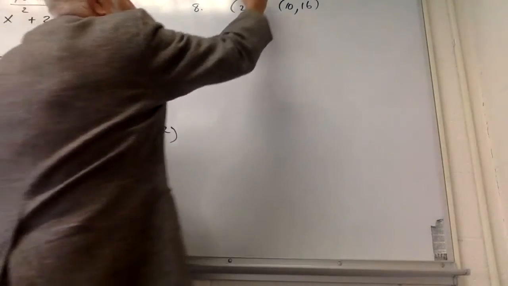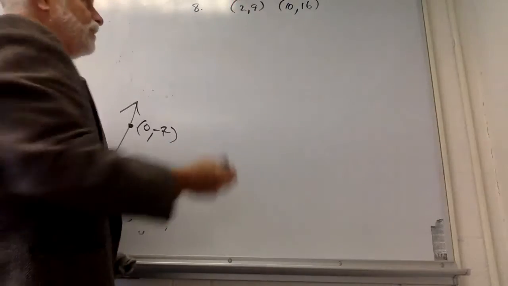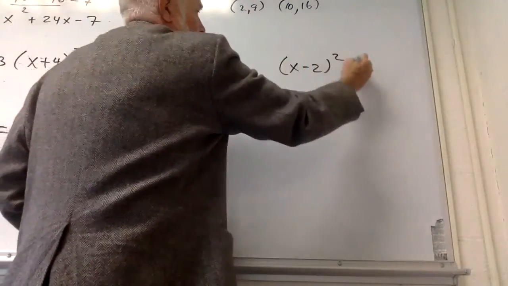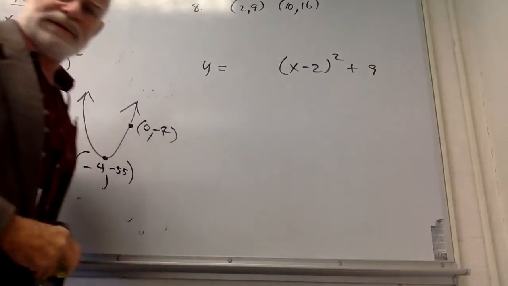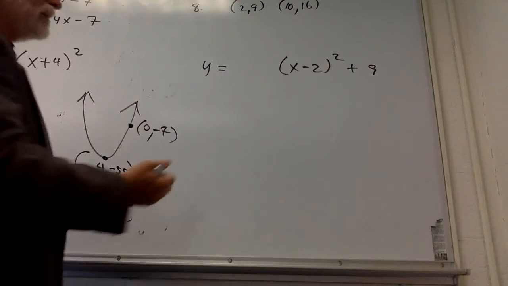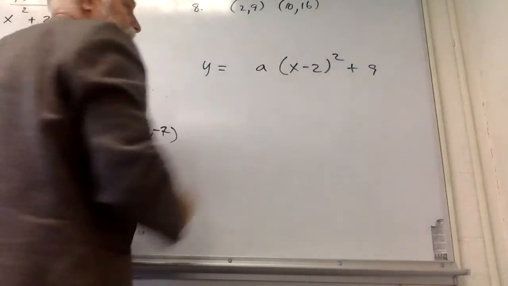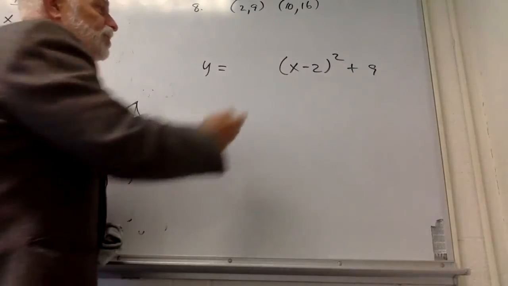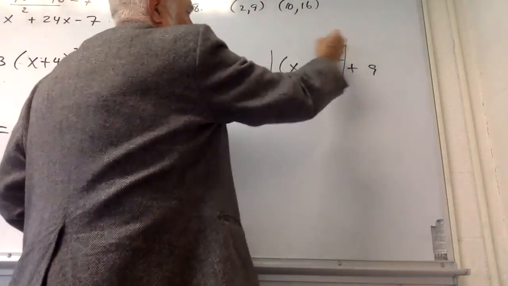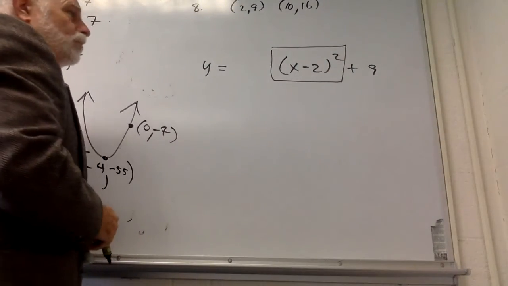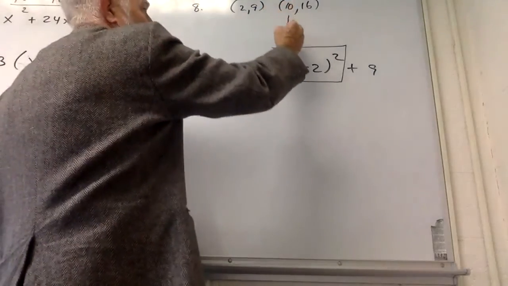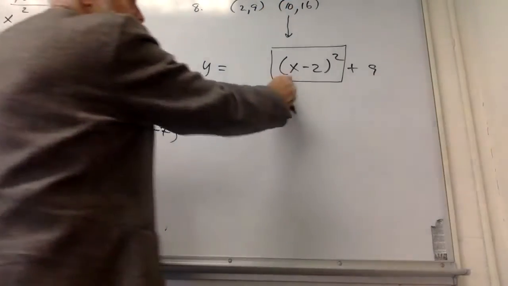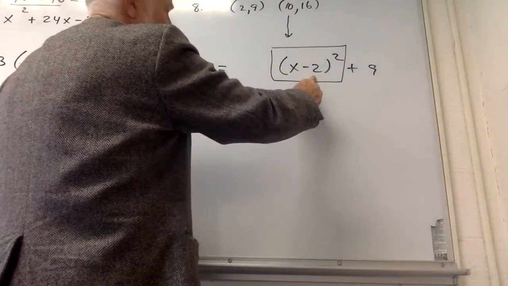Oh, (2, 9) is the vertex. What can you immediately say? Hope you can say that with practice. So then the only thing is, how do I get this a term? Well, it really is the change you get when you put the next number in. The next number is 10. Well, 10 minus 2 is 8, but this isn't linear.